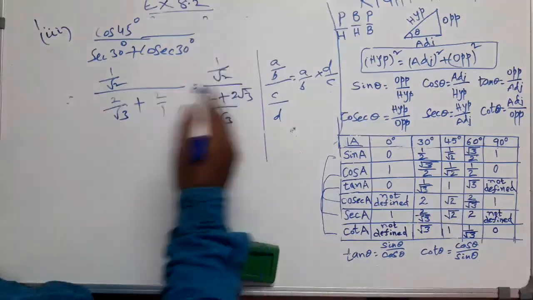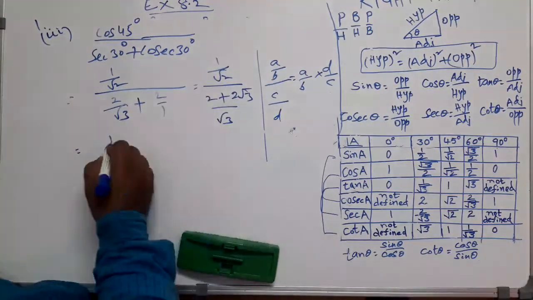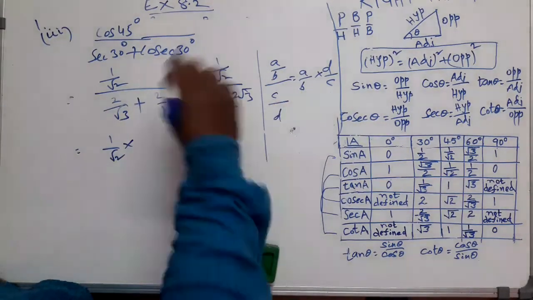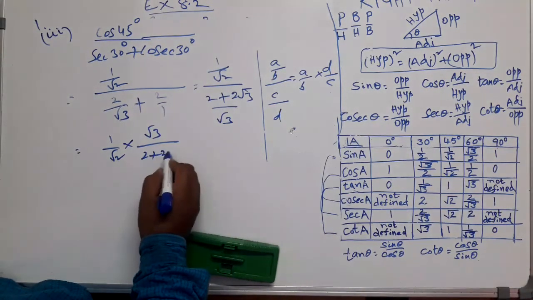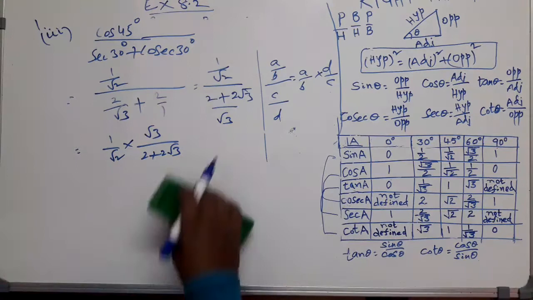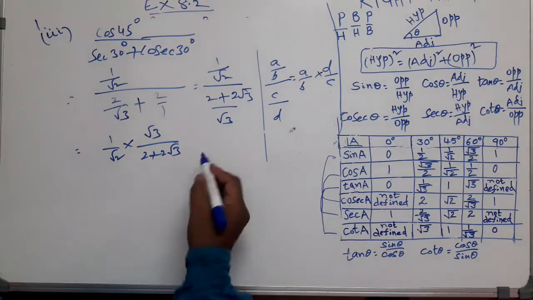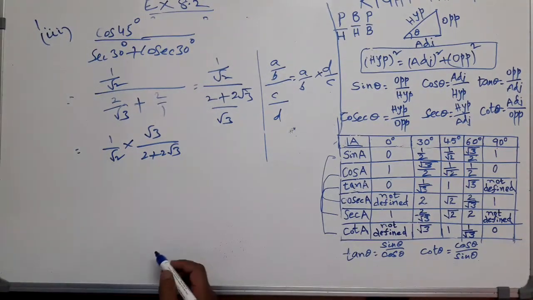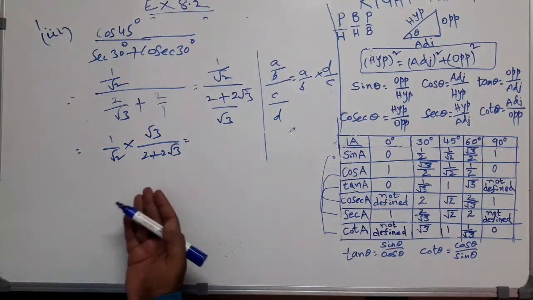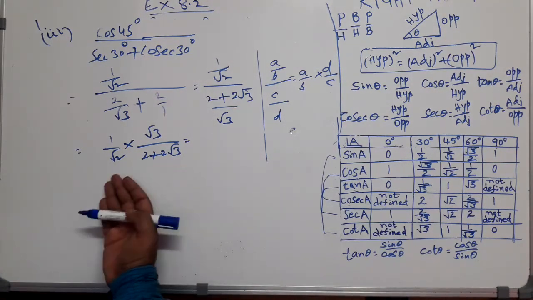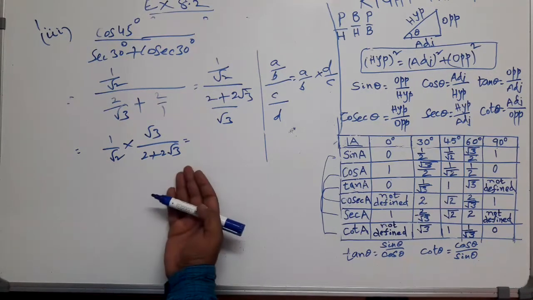Now tell me, how can I write this? This is 1 by root 2 multiplied by root 3 divided by 2 plus root 3. So that is 2 plus 2 root 3, right? I can write like this. Let us simplify further. See this. Clearly, this is an irrational number in the denominator, right? An irrational number.